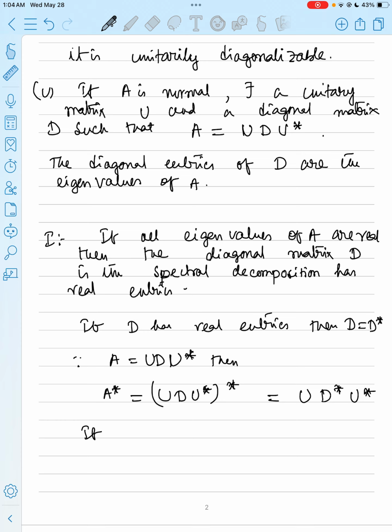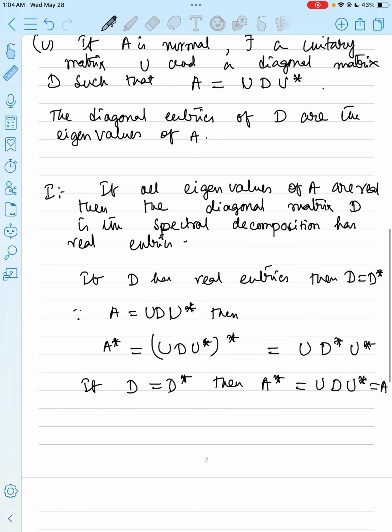So if D equals D star, then A star equals U D U star, which is again A. So we prove that A is Hermitian. So statement 1 is true.